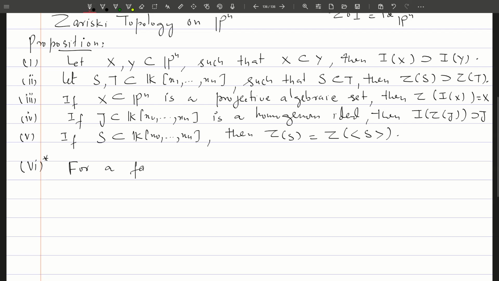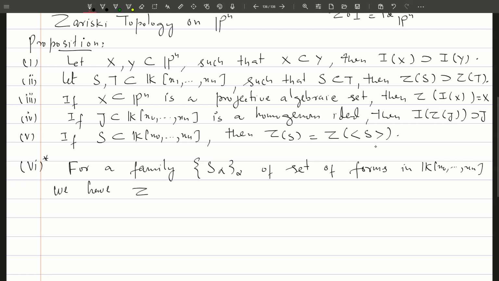For a family S alpha of sets of forms in the polynomial ring, we have the zero set of the union of all S alphas. So it is actually the intersection of the zero sets of the S alphas.